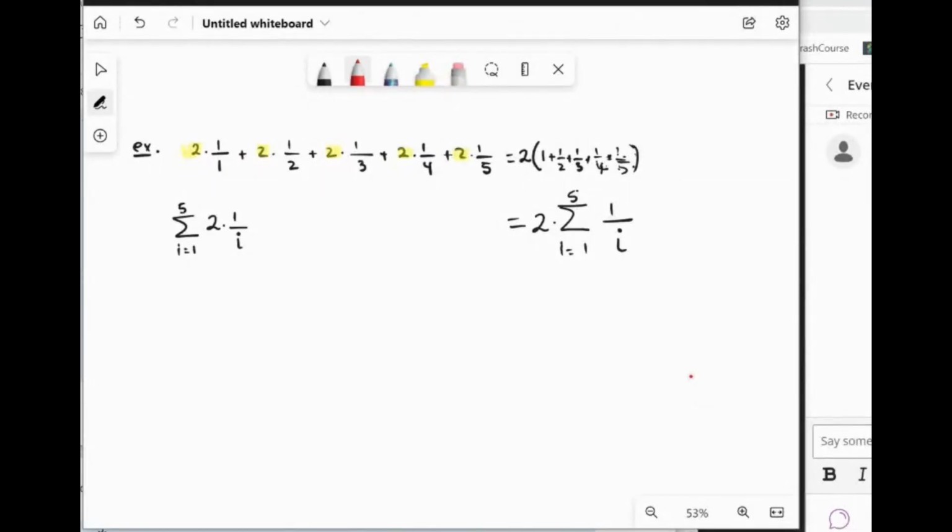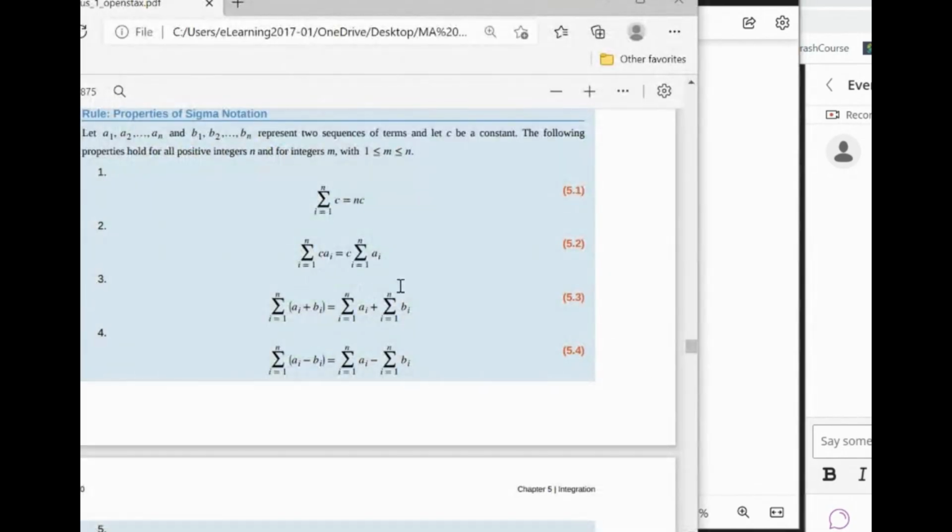What we showed is that if each term has a constant common number inside the summation, then you can take it outside, right? You can just take it outside. So these are equal. This is a property that is given here in the second rule.